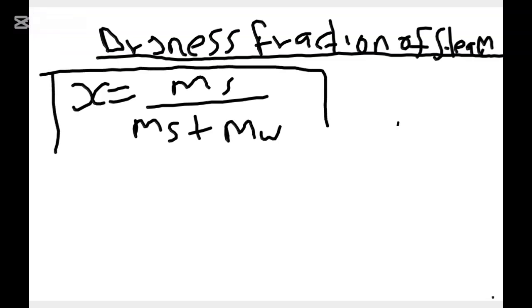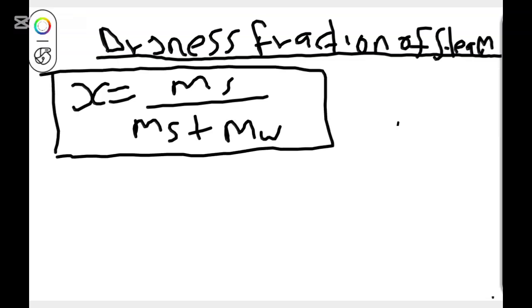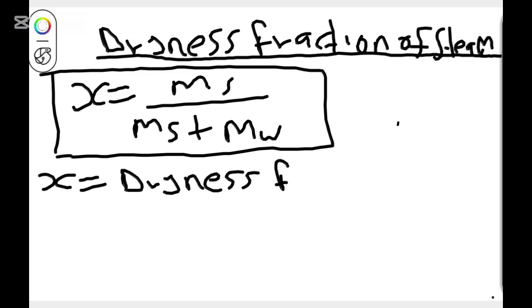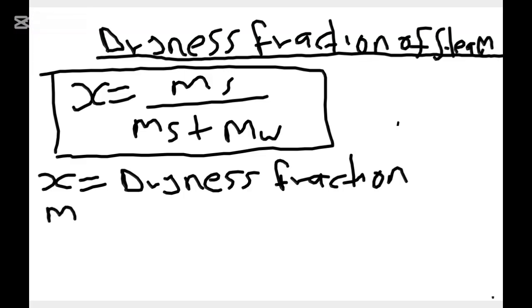So this is the formula for the dryness fraction of steam. But you have to take note that the X stands for the dryness fraction, and the ms stands for the mass of dry steam.